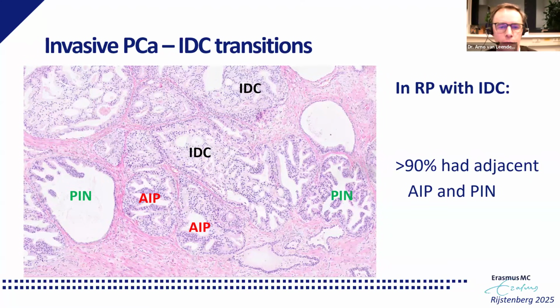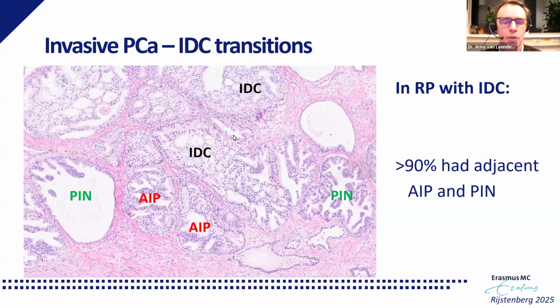The first thing we found is that when you have areas with IDC in radical prostatectomies, very commonly at the periphery you will find lesions that fulfill criteria for AIP and even PIN, and they are almost always found together. More than 90% of IDC lesions had adjacent AIP and high-grade PIN lesions next to them. In biopsies, you will not always appreciate that, probably just because of a sampling artifact. But in radical prostatectomies, you will see that.